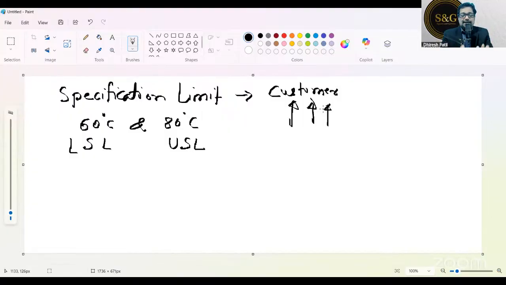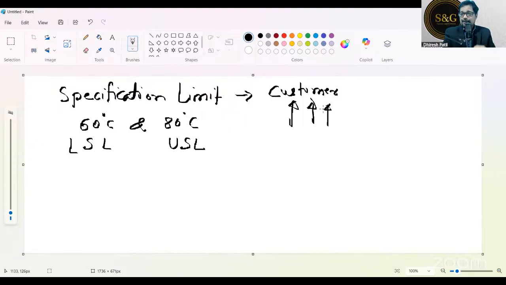That's why customer gives us a band, that whatever variation, you make sure your variation is limited. Between these 20 degrees centigrade. Whatever cup of tea you are serving to me, it should be between this point and this point. Now, who decides it? Customer decides it. According to their requirement, they tell us their requirement, and that's what is specification limit.